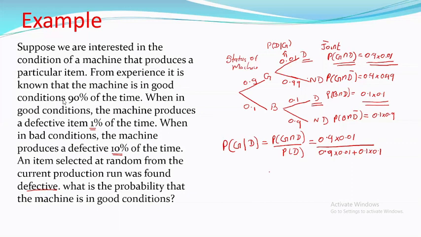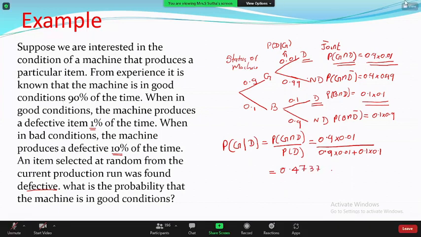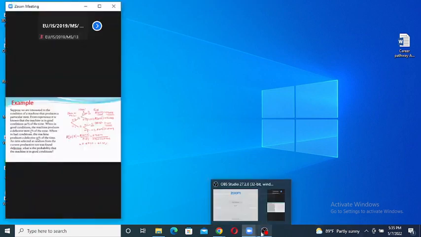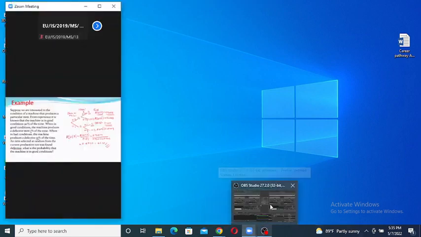When you simplify this, it is 0.4737, that is 47.37%. This is the probability you can get.